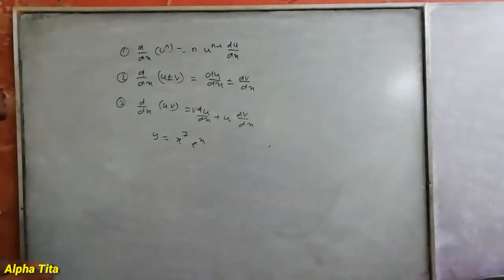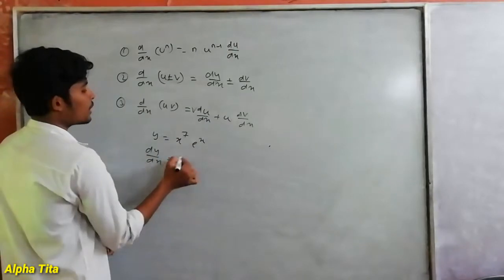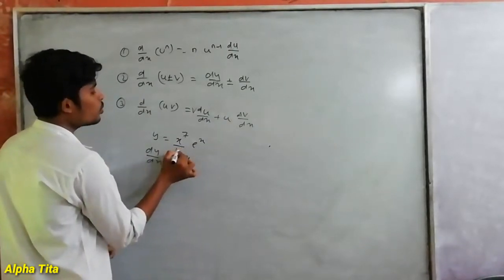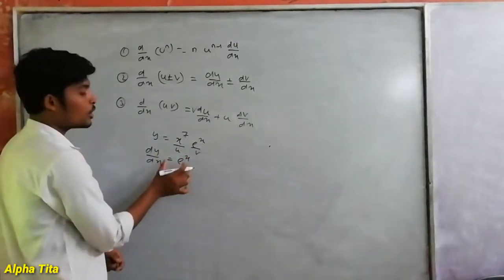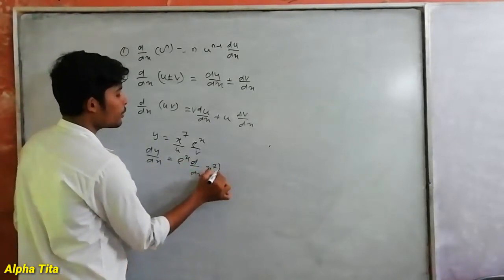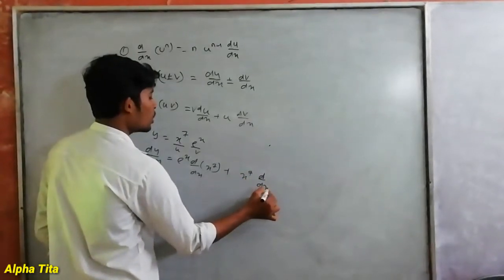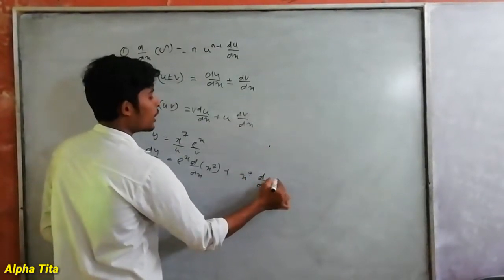So what do you get? Here this is u, this is v. e to the power x times d by dx of x to the power 7, plus x to the power 7 into d by dx of e to the power x.